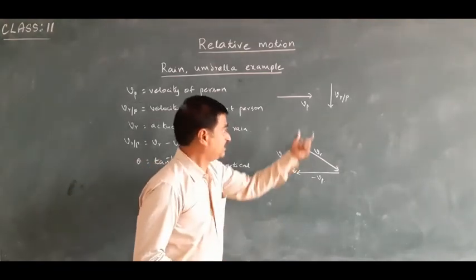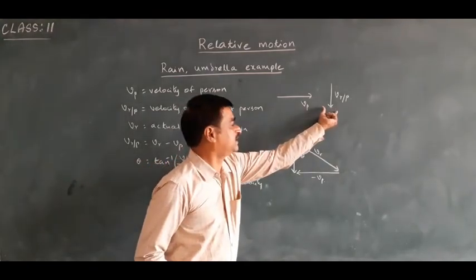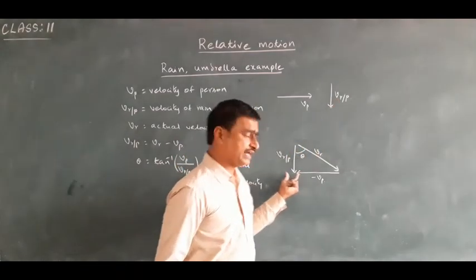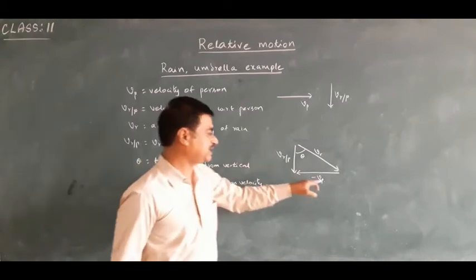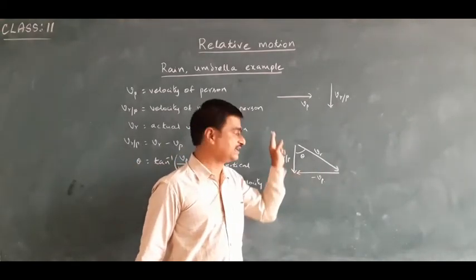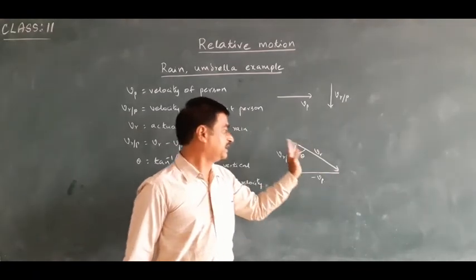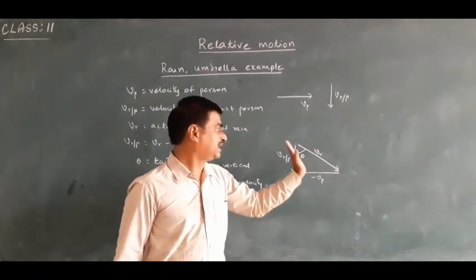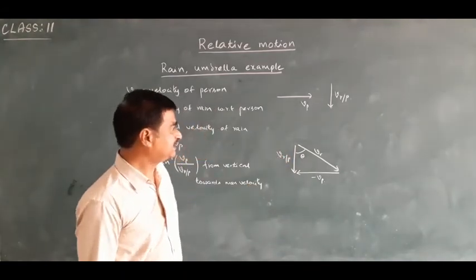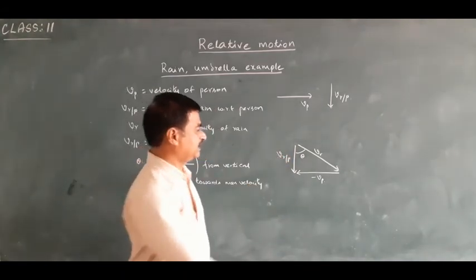First we draw this. The relative velocity of rain with respect to person, then minus Vp. We have to take the velocity of the person in the reverse direction. Then we hold the umbrella like this, forming a triangle with angle theta.